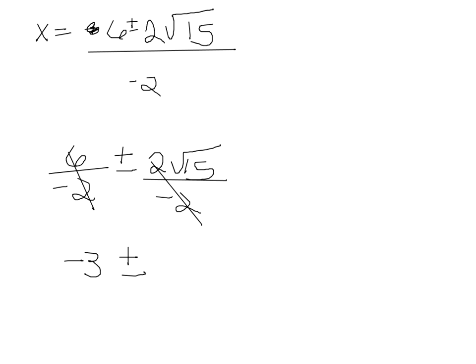Now the 2's cancel, and the fact this is plus or minus and this is a negative doesn't really matter very much because I still have a positive and a negative. So I get x equals, for my x-intercepts, minus 3 plus or minus the square root of 15. Of course, I need to verify all of this.